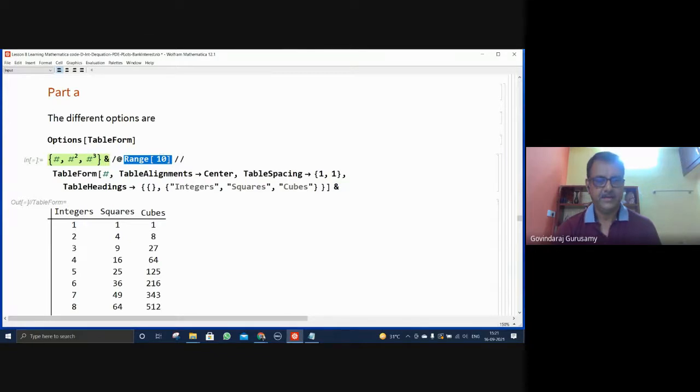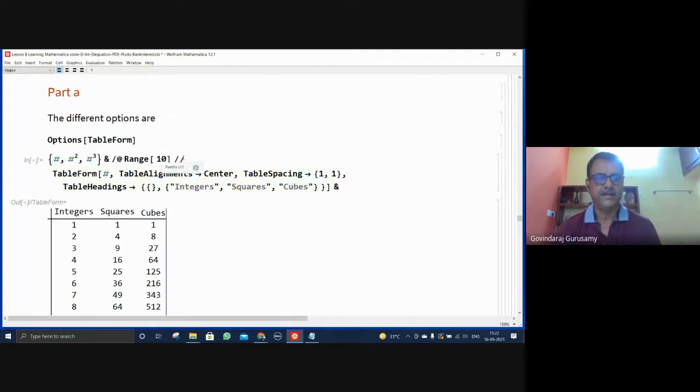On this list, the Mathematica code repeats for the range that has been expanded. So this automatically takes the numbers, the square of the numbers, and the cube of the numbers. It is a very, very compact form to write it.